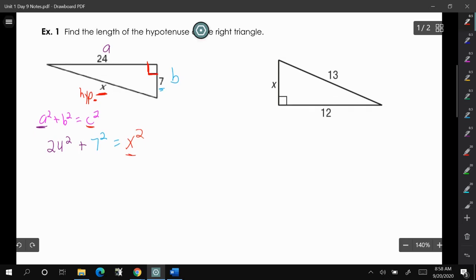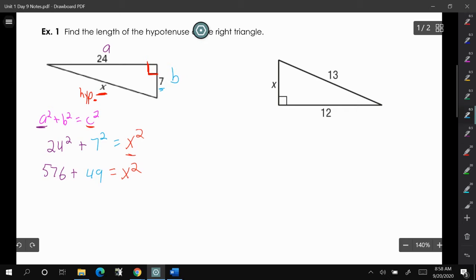So then we'll get our calculator out and we'll do 24 squared, that's 576, plus 7 squared is 49, and that equals x squared.